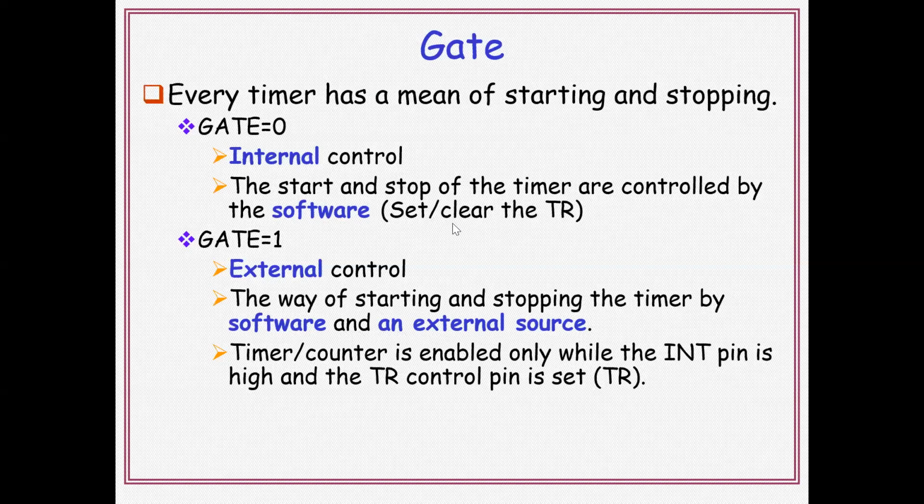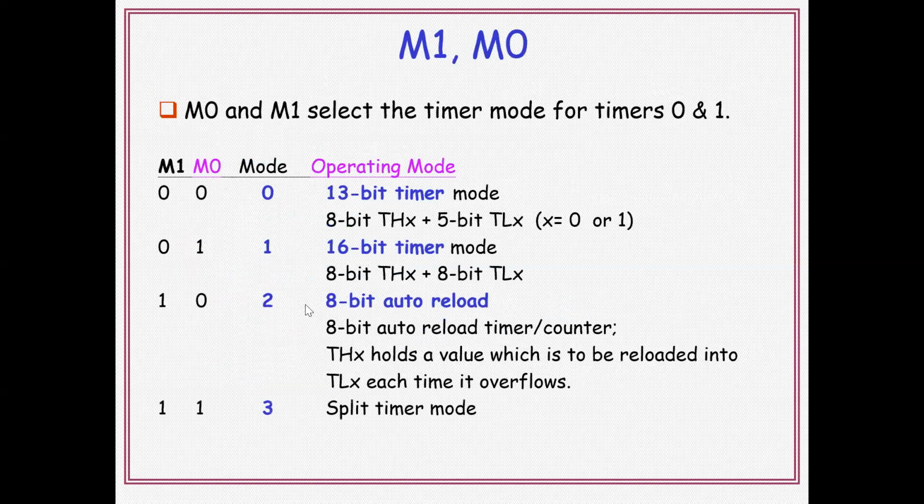The timer or counter is enabled only while the INT pin, that is INT0 or INT1, is high and the timer run control bit TR0 or TR1 is set. That depends on whether the gate bit is 0 or 1: 0 is internal control, 1 is external control. M1 and M0 are the mode selection bits: 00 mode 0, 01 mode 1, 10 mode 2, 11 mode 3.